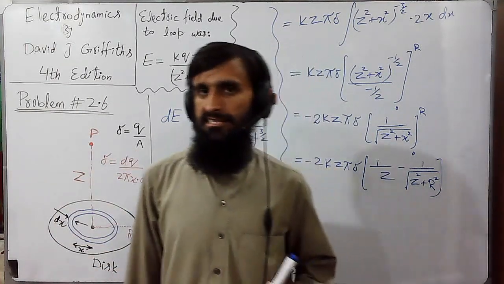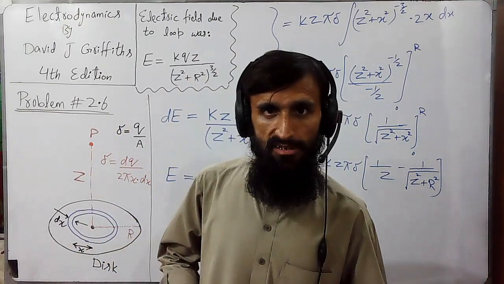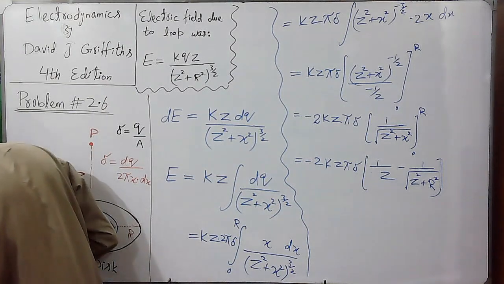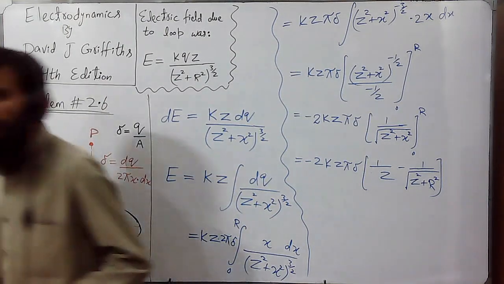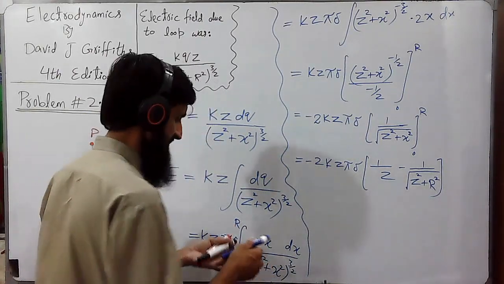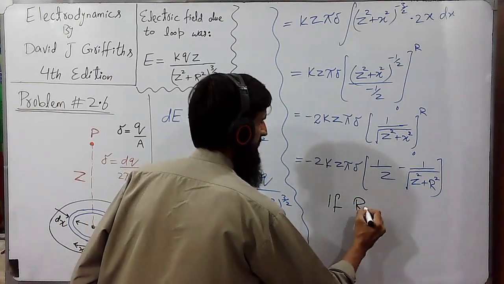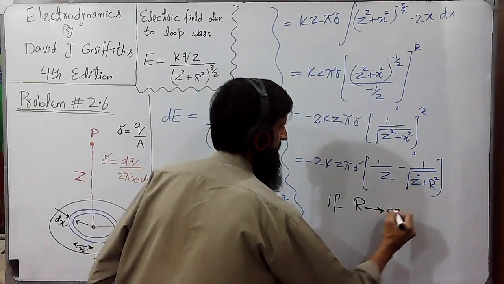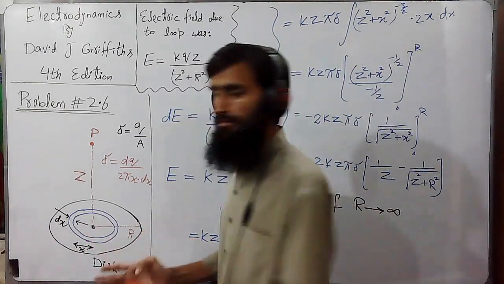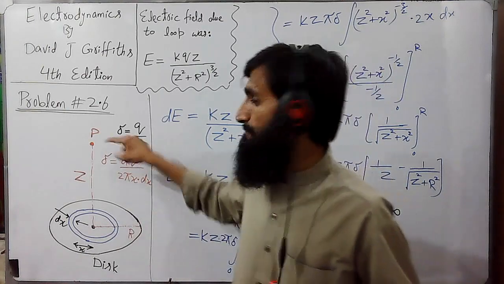Now let us discuss the two special cases given in the statement of this problem. The first special case is what will be the electric field if R approaches infinity. That means if this disk becomes of infinite size, then what will be the electric field at this point P?